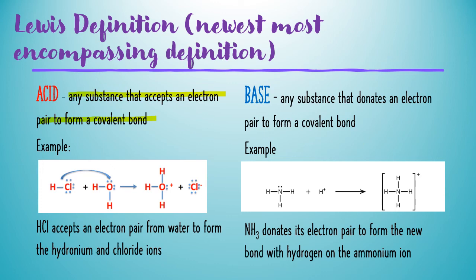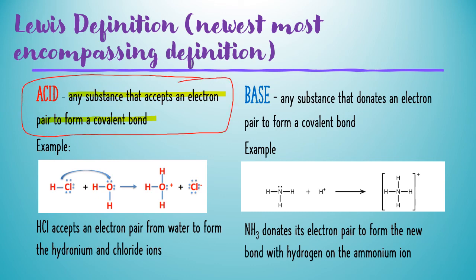In this case, our HCl is the acid because it is going to take a pair from water to form this. I don't really need you to understand these examples. I just need you to know this part. It accepts the electron pair.